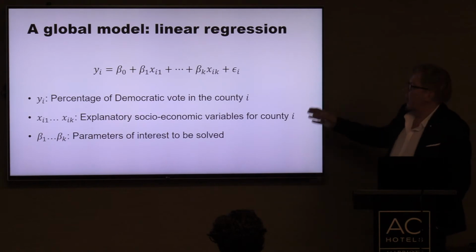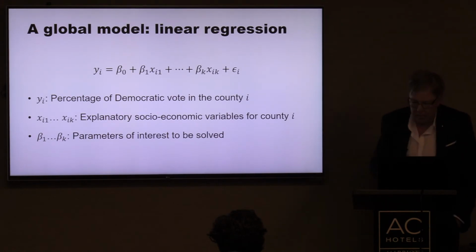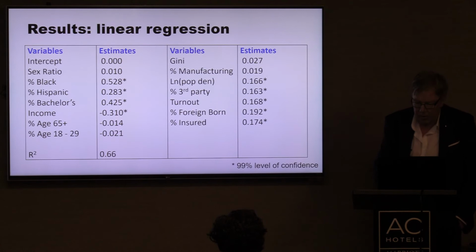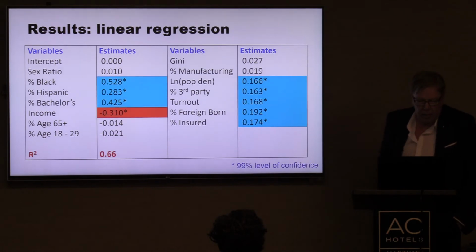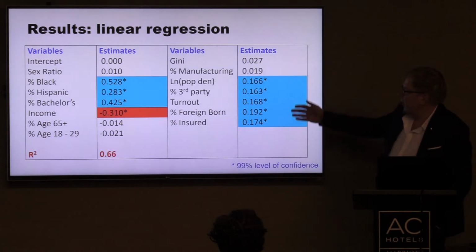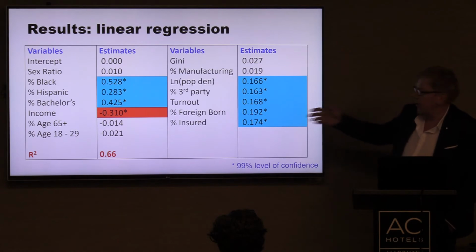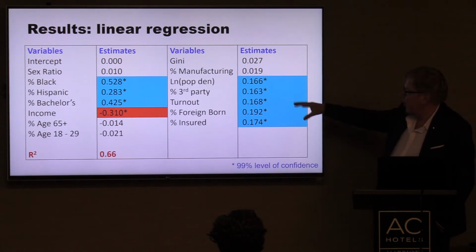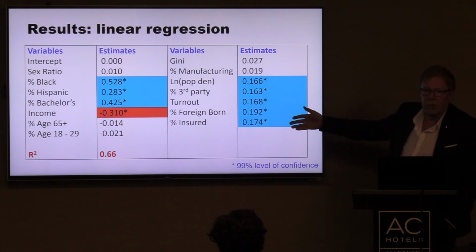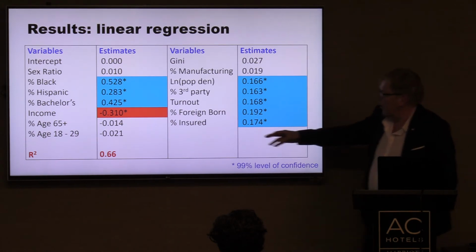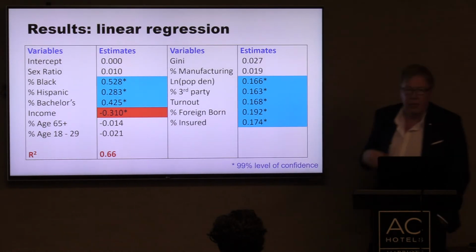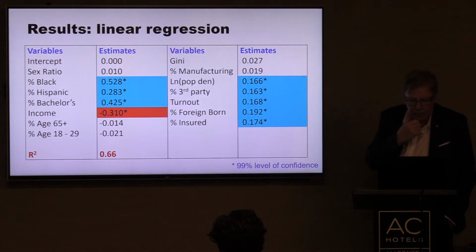We calibrate a global linear model in the usual form, and we see results like this. There are a number of variables which have a significant impact on voter preference across these counties. All the ones in blue have a positive association with Democratic vote. The negative one, income, has a negative association with the Democratic vote.